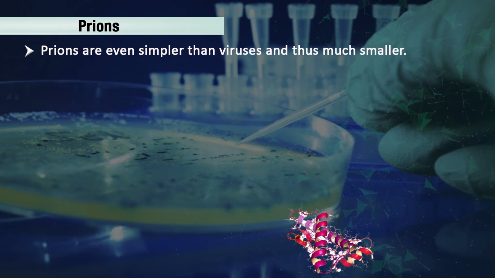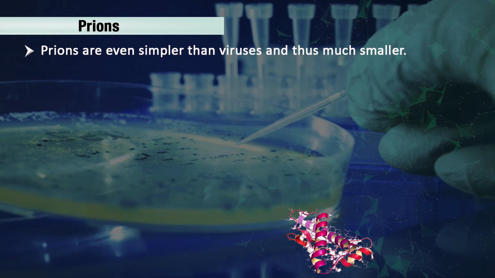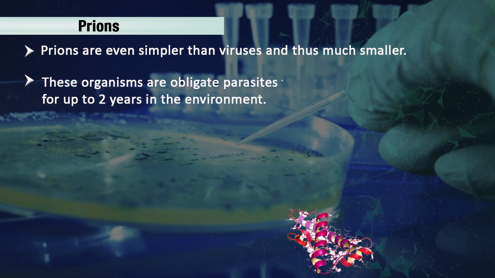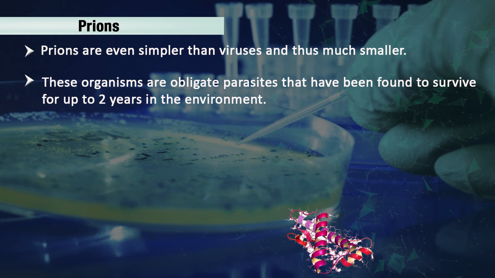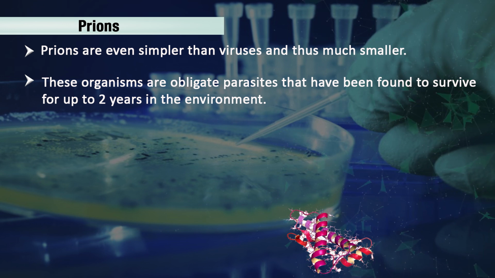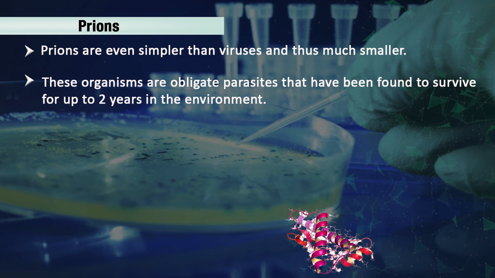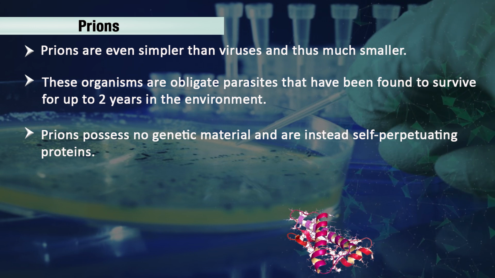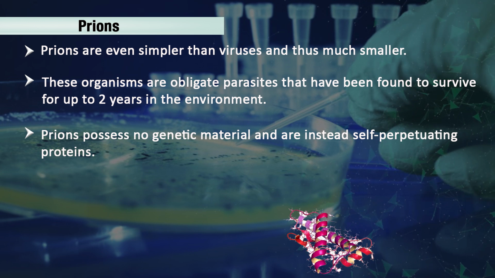Next is prions. They are much simpler than viruses and thus much smaller in size. These organisms are obligate parasites that have been found to survive for up to 2 years in the environment. They possess no genetic material and are instead self-perpetuating proteins.